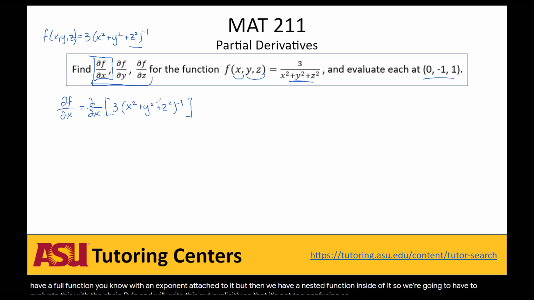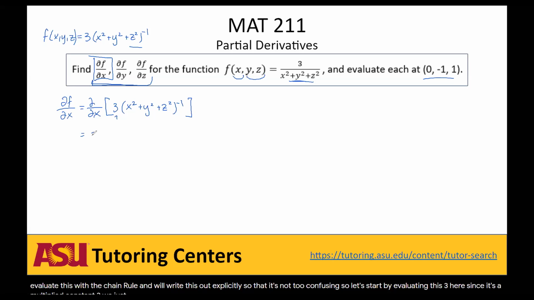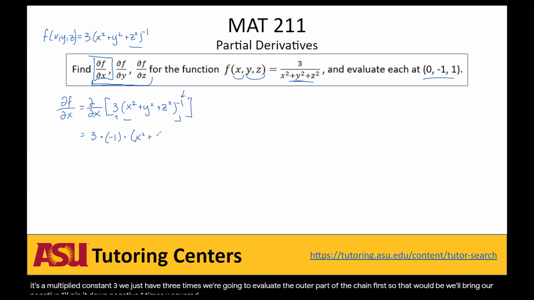So let's start by evaluating this 3 here. Since it's a multiplied constant 3, we just have 3 times, we're going to evaluate the outer part of the chain first. So that would be, we'll bring our -1 exponent down, -1 times x squared plus y squared plus z squared to the -2nd power, because we always subtract 1.